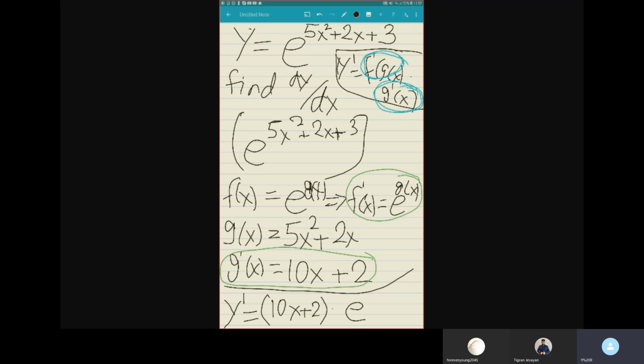But we don't want g(x), so let's write the original g(x), which is 5x to the power 2 plus 2x plus 3. Yes. So that's the answer, and I don't need to solve anything after this.